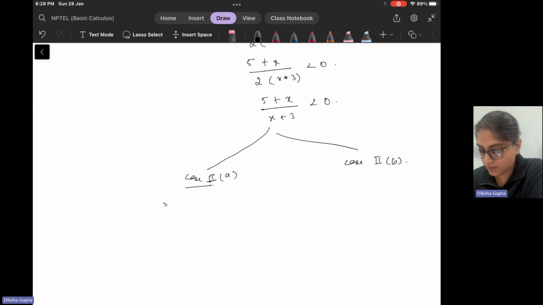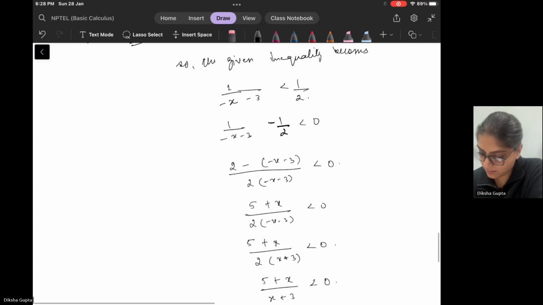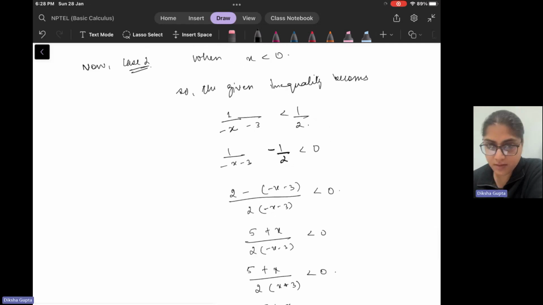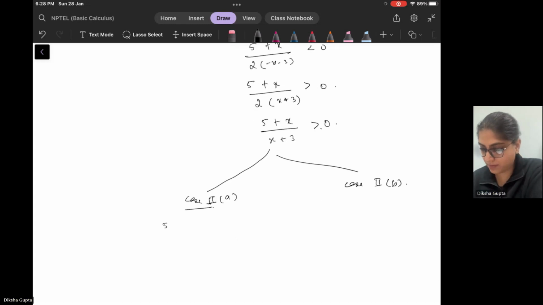The fraction will be less than 0 when, either both of them are, no, sorry, if one of them is positive and the other is negative, right? Have I done some mistake here? Yes, okay, sorry, this will be positive since I took the negative common, right? So this is a positive fraction when both are either negative or both are positive.